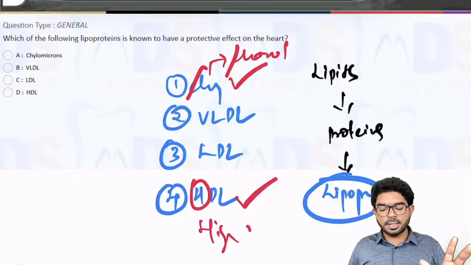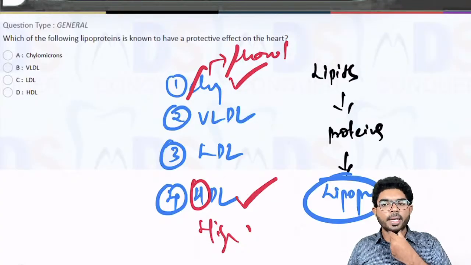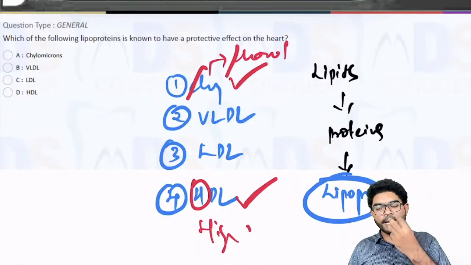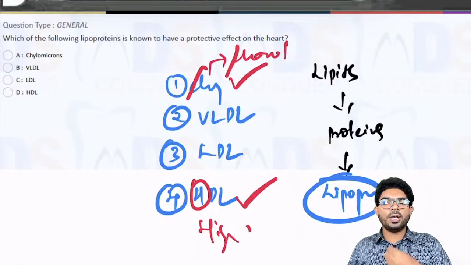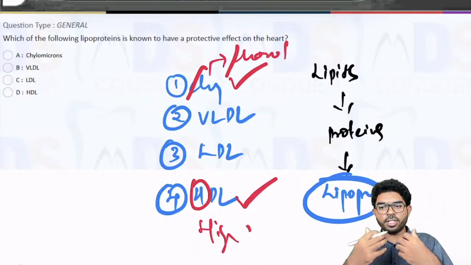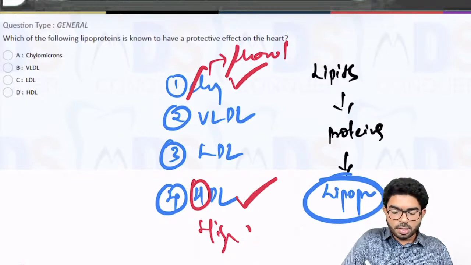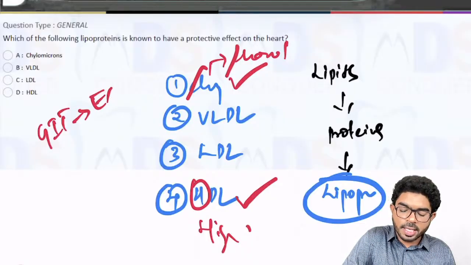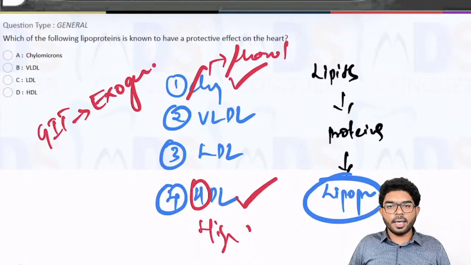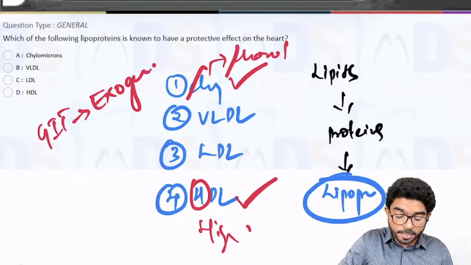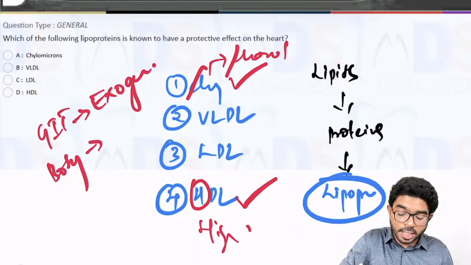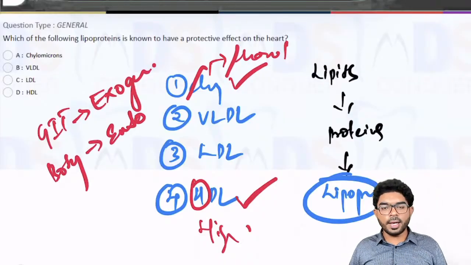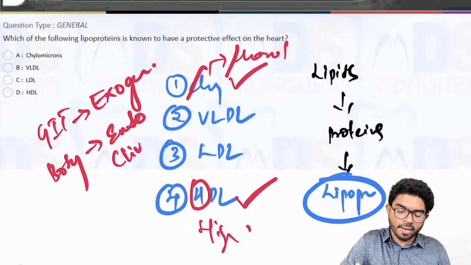Now the question is, when I take lipids in the body, say I eat a nice burger, the lipids move into my GIT and get absorbed from the GIT to different places. Whatever I take in through the GIT is called exogenous. Whatever is present inside the body is endogenous. Endogenous is most commonly made in the liver.